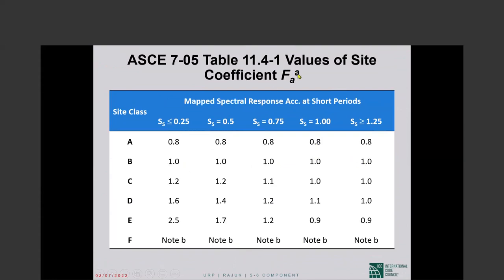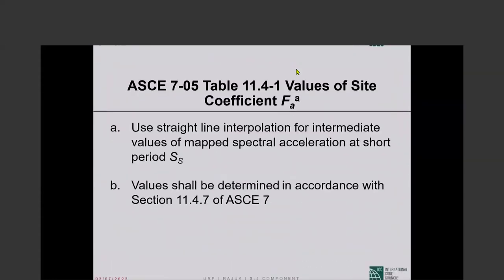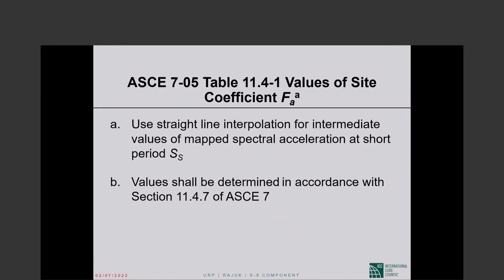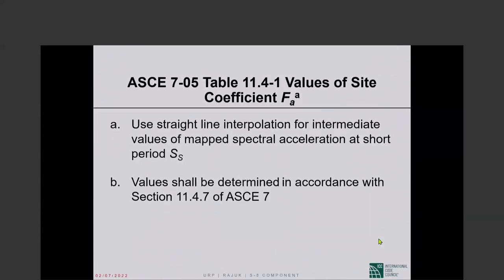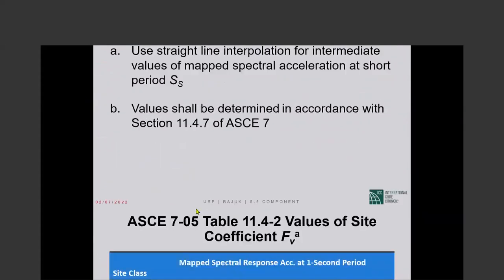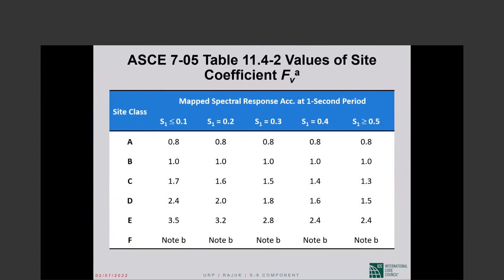Here, that's note A. So A says that you can interpolate between the tabulated values. Note B, very importantly, says values shall be determined in accordance with 11.4.7. So if you have the very soft soil, then you have to have site-specific analysis in accordance with section 11.4.7 of ASCE 7.